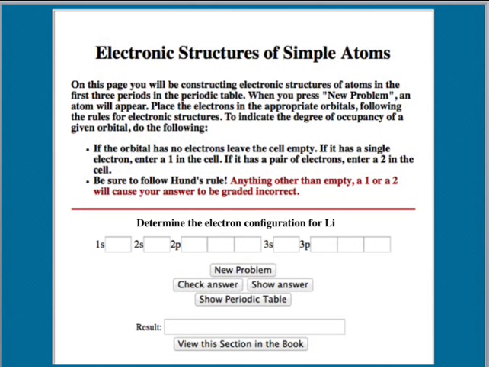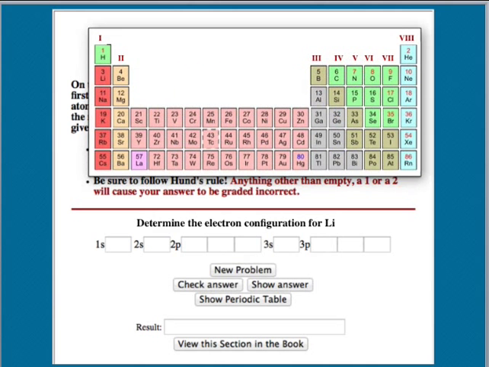Go ahead and do this one. This one is so simple, I could do it. We're looking at lithium, which is right there.